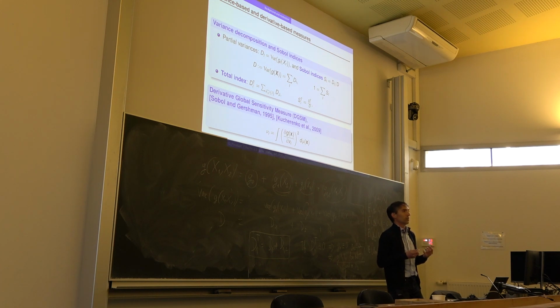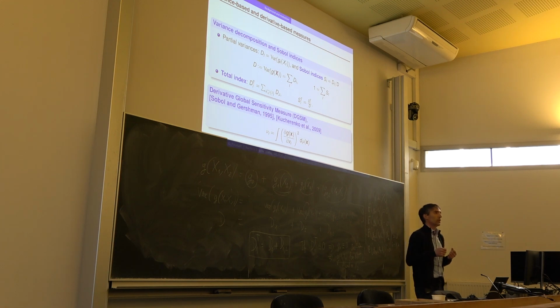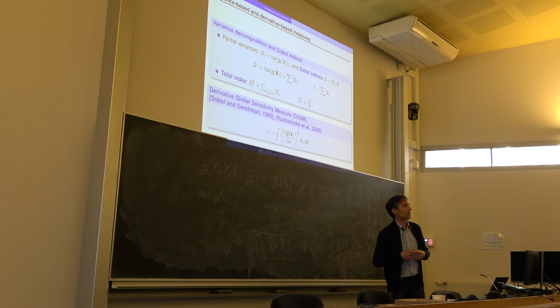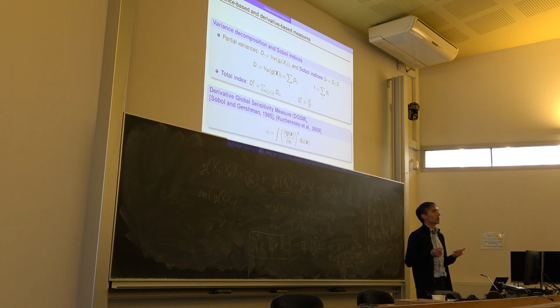And I can compute a global quantity by integrating. So I can compute typically the integral of the square of my partial derivative with respect to my measure. Okay, so this is another way, which is actually simpler, because you don't need any function decomposition. You have your function, you compute the partial derivative, and that's it.